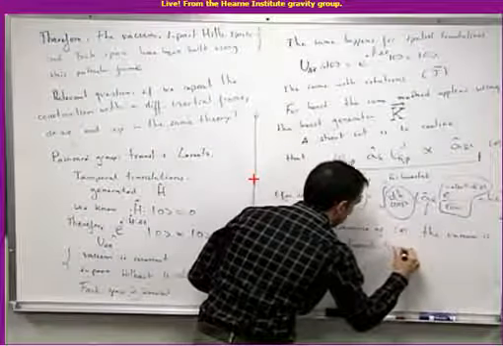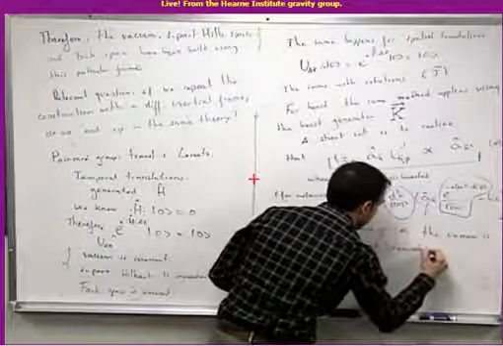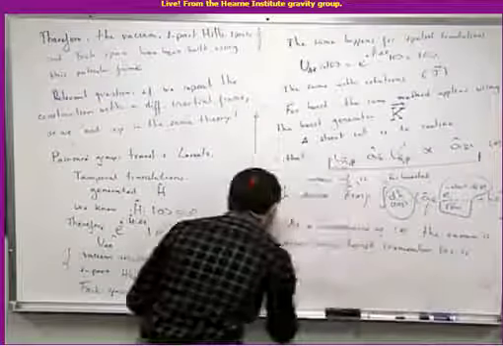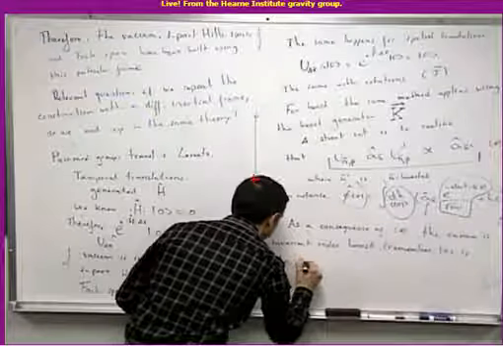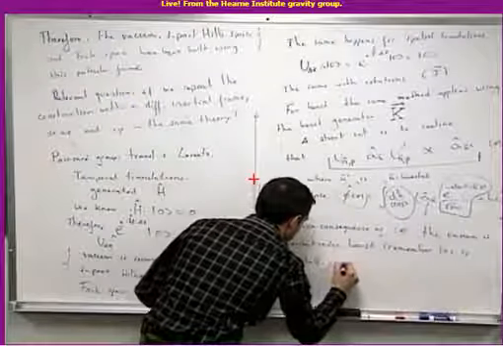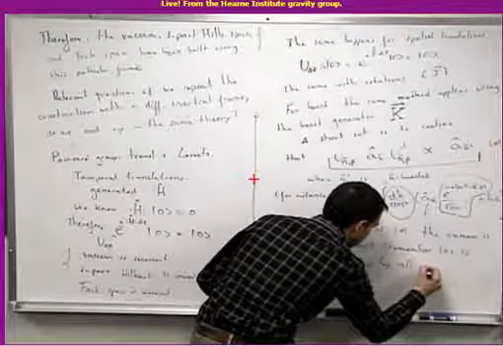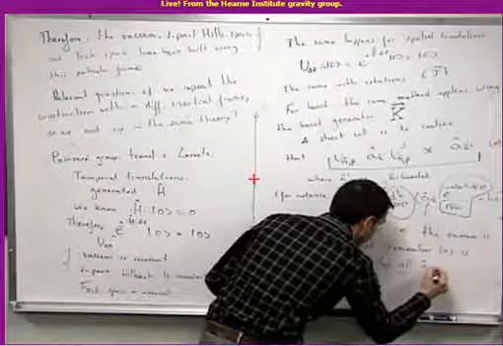Remember, the vacuum is the state annihilated by all A of k, by all of them.